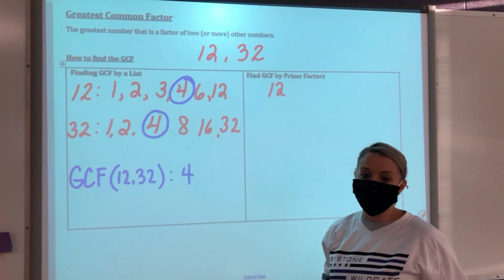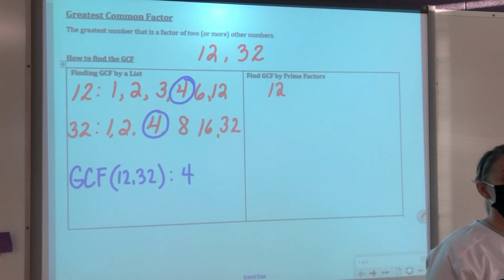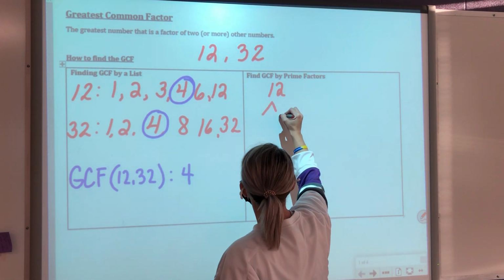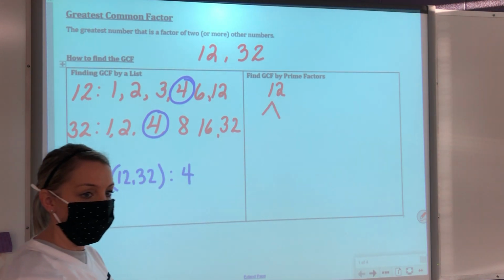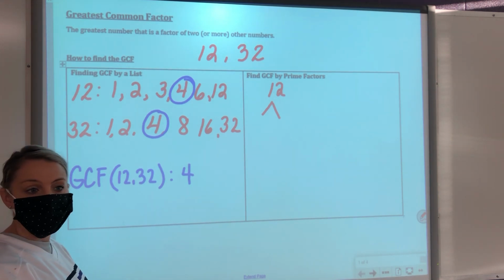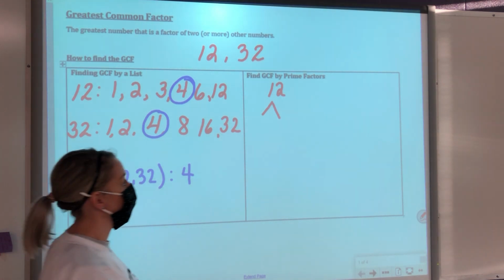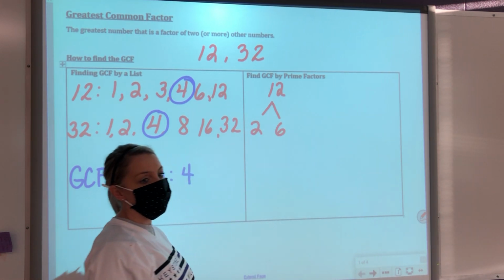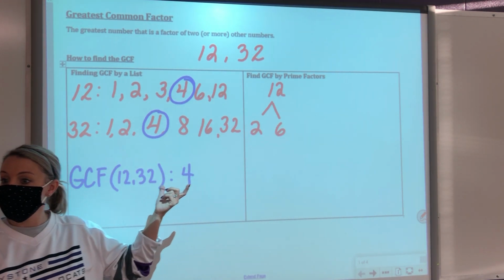You start with one of your numbers at the top, and then we branch off. So give me factors of 12. 6 and 2, right? So I get 2, and then I have 6. Are either of these prime?